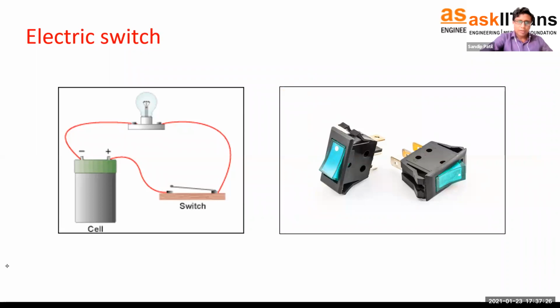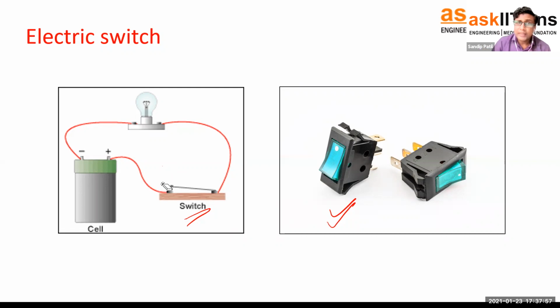Now let's talk about the electric switch, right? Electric switch means obviously our normal button looks something like this, right? Okay. In a circuit, as we have seen in the previous diagram, the switch looks something like this. This is the same diagram, right? Just we are now focusing on the switch. Now, in this switch, you can see there is no contact here. If there is no contact, as I told you, current is not going to flow.